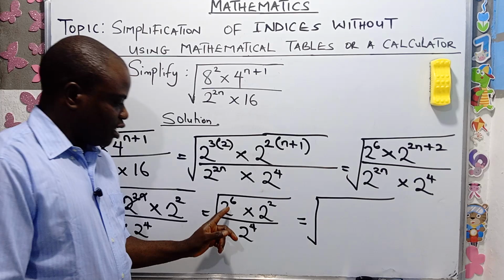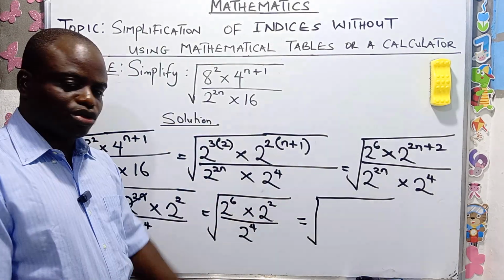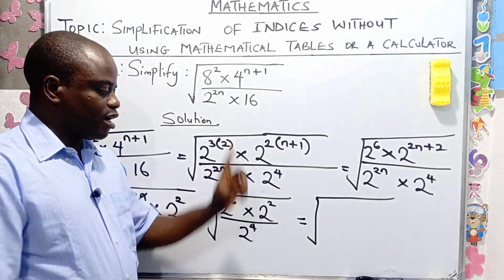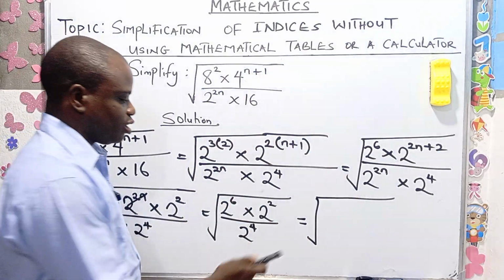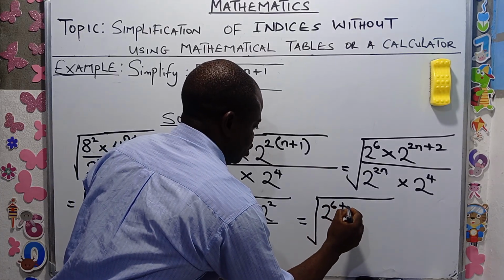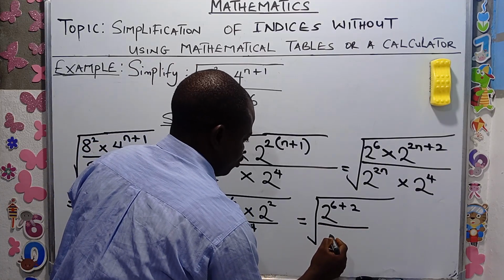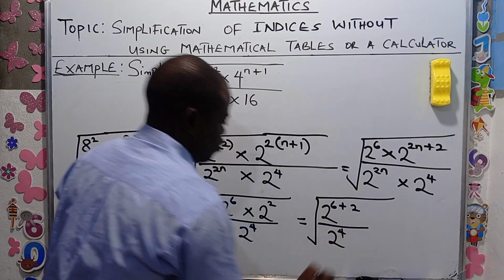Since 2 is in two places, I want to use 1, 2 to represent the two 2's, and at the power, the multiplication will change to addition. That's 2 raised to power 6 plus 2, divided by 2 raised to power 4.